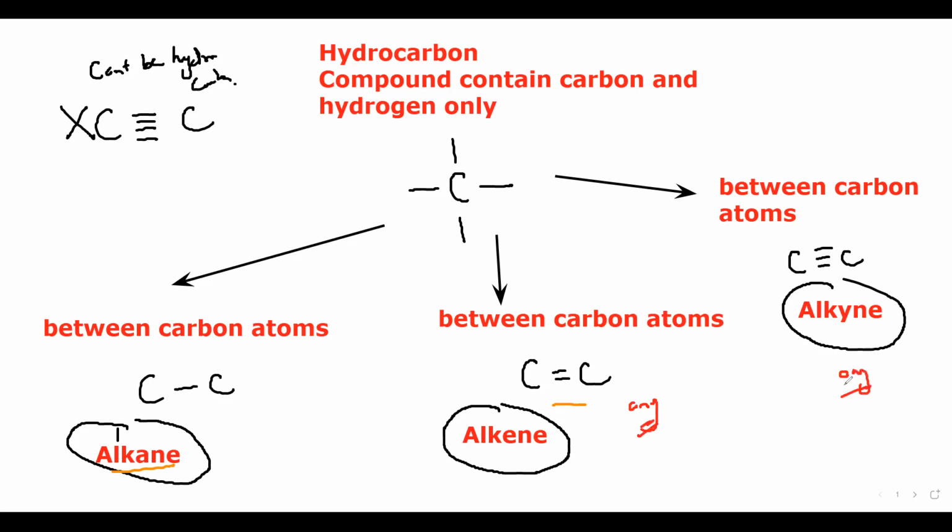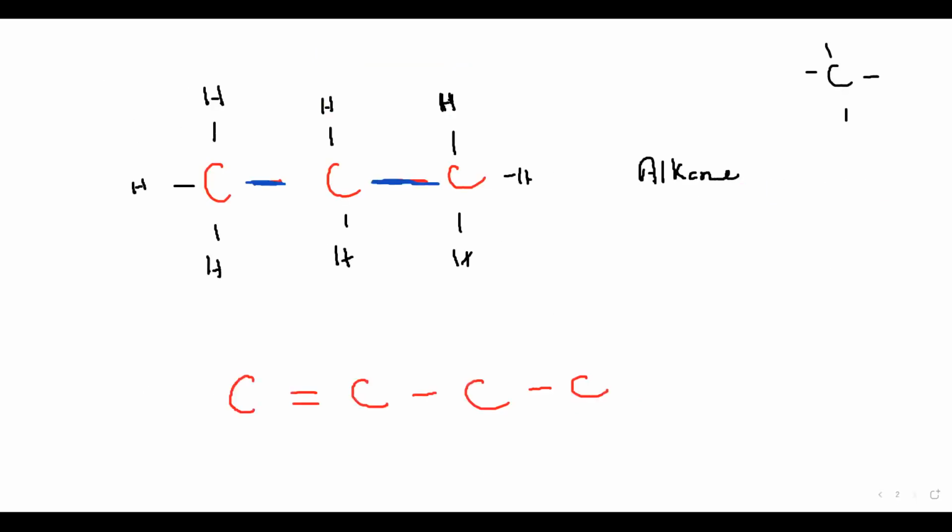And if you find any triple bond within the structure, it is an alkyne. So what is the class of this hydrocarbon? Is it alkane, alkene, or alkyne? There's a double bond present here. So if there is a double bond, what do we call it? We call it an alkene, A-L-K-E-N-E.